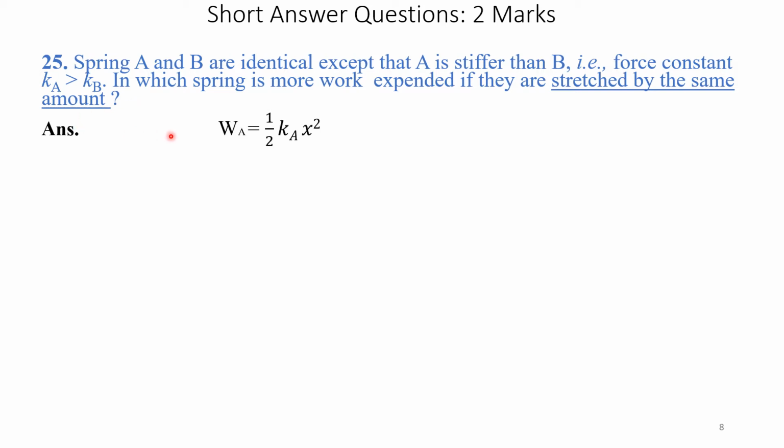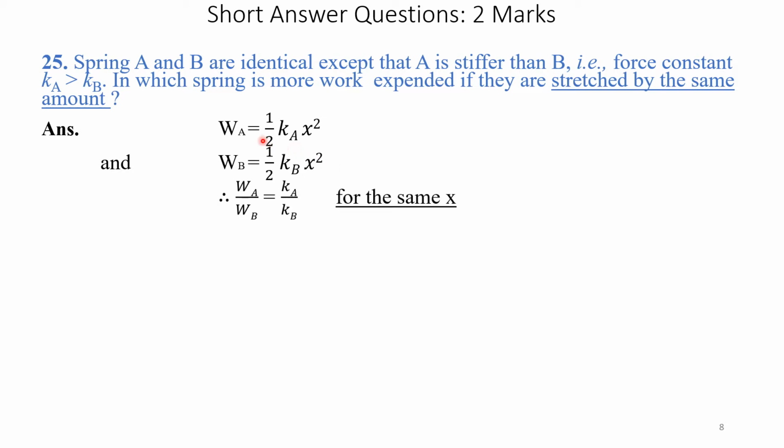Answer. We know the equation for work done in the case of a spring is W equal to half k x square, where k is the spring constant and x is the displacement. The suffix A or B indicates the spring. So work done by spring A is half Ka x square, and work done by spring B is half Kb x square.